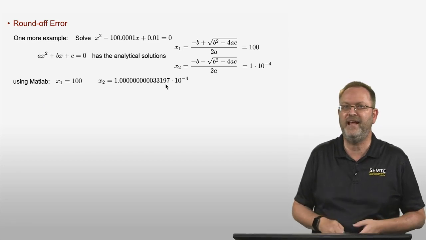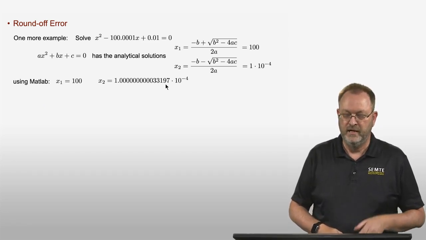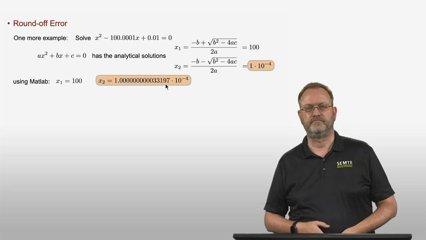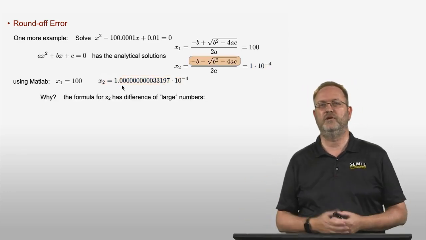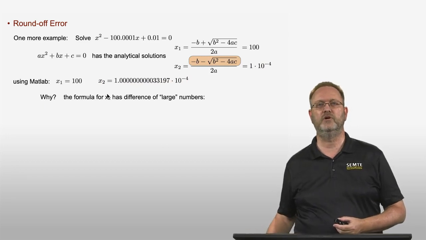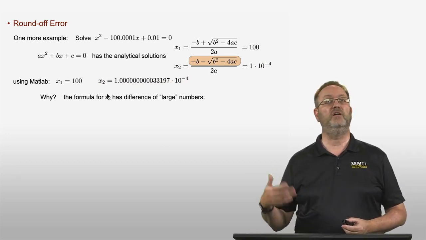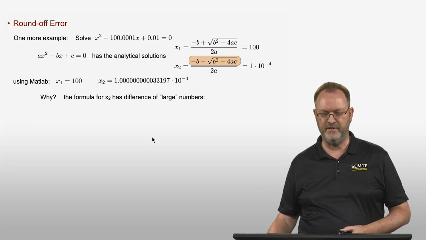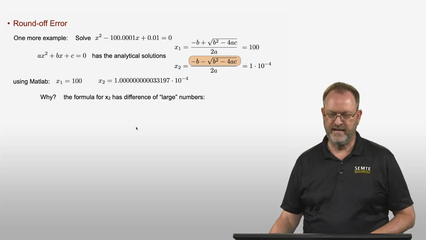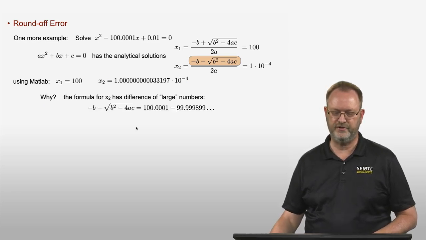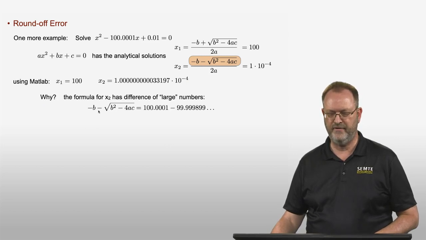So we have made an error here. Why did we make this error? Well, in the prior slide, we talked about what could be causes for round-off errors, and one of those causes was that we take the difference of large numbers, and that's exactly what happens here. So where do we have a difference? It's actually in the numerator. We have negative b, b being a negative number, so we have 100.0001 minus the square root.